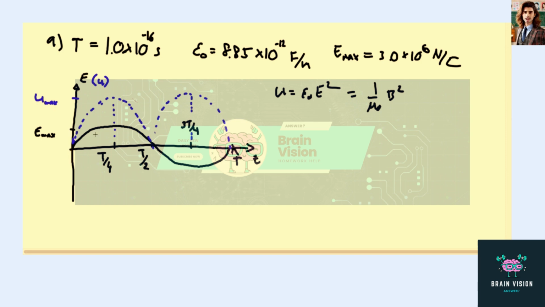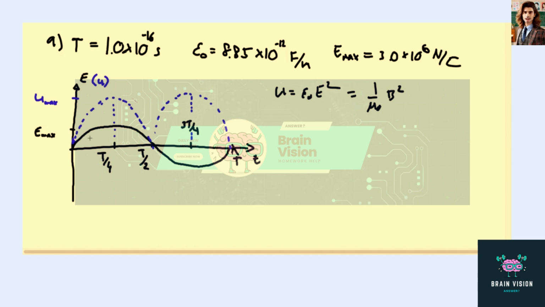So you have an electric field denoted by this black curve that is oscillating with a period of T. But at the same time, the energy density of this electromagnetic field is going to go as a sine squared function.